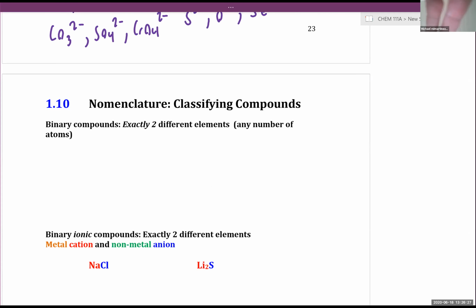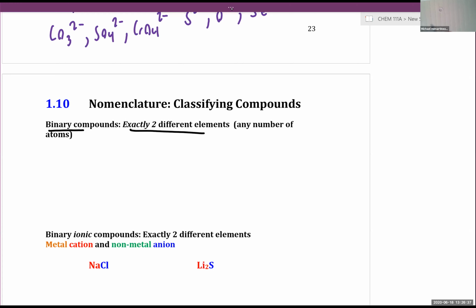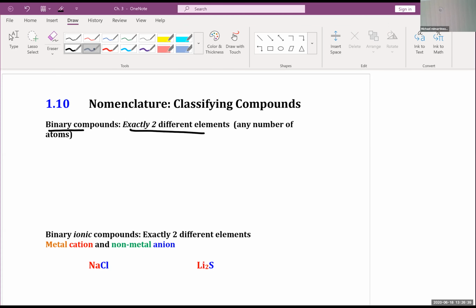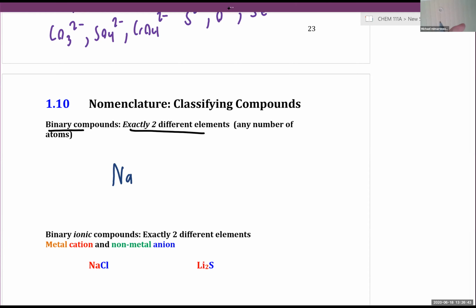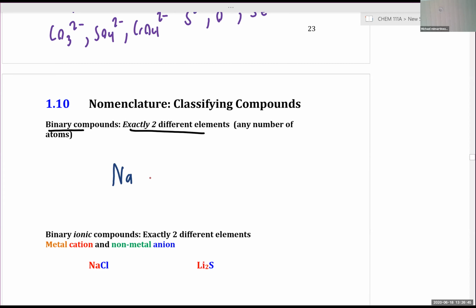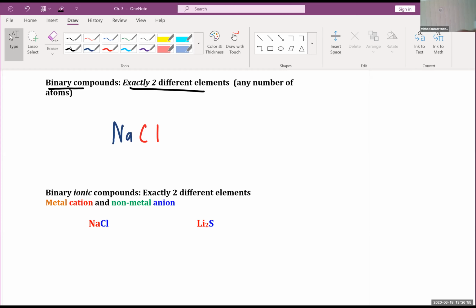So nomenclature often heavily relies on classifying compounds. Binary compounds have exactly 2 different elements. So for example, sodium chloride. We have exactly 2 and only 2 different elements. Now, these binary compounds can be ionic or covalent.